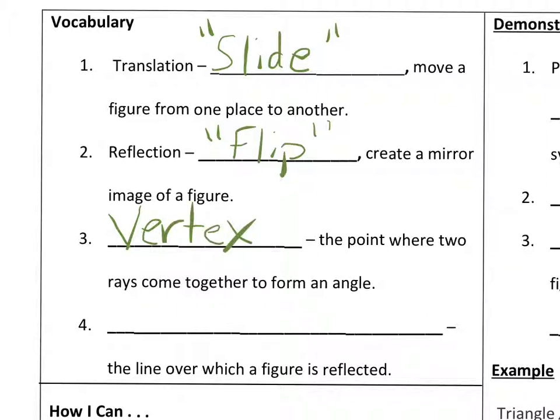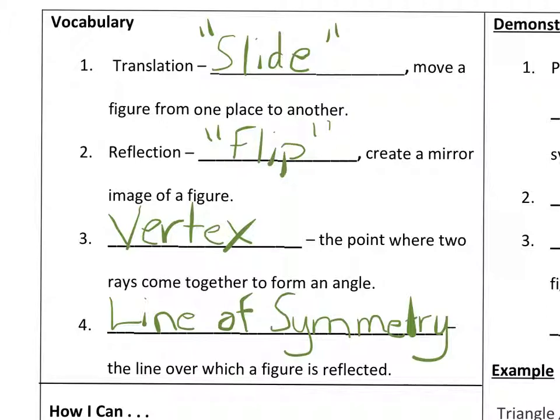That's the point where 2 rays come together to form an angle. You might also call it the corner of the figure. We're also going to be talking about lines of symmetry when we do reflections. And that's just the line over which we're going to reflect our figures. So those are called lines of symmetry.